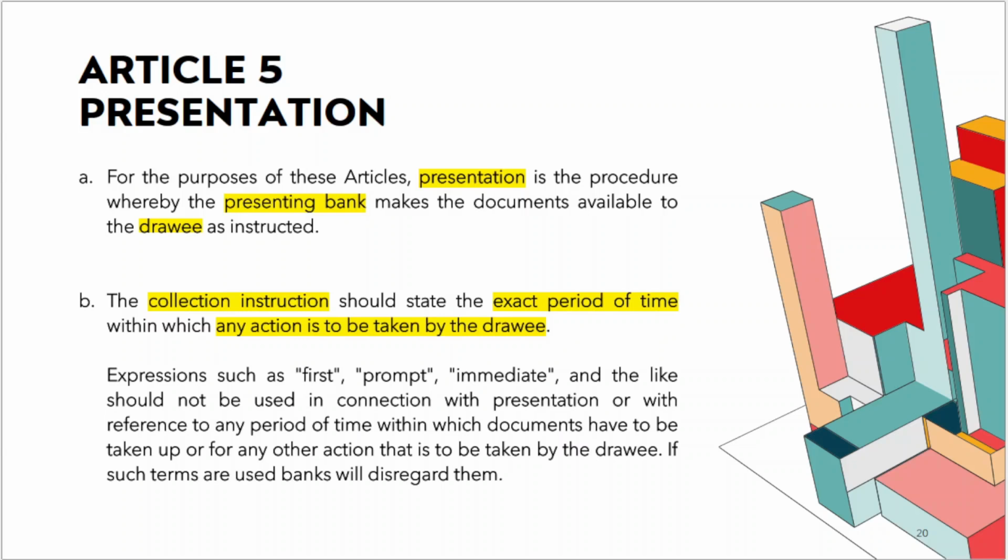You cannot use them with regard to three particular events. If you are doing so, then the banks involved can disregard these three or the like expressions. So what are these three events that they shouldn't be related to? We are going to see that.